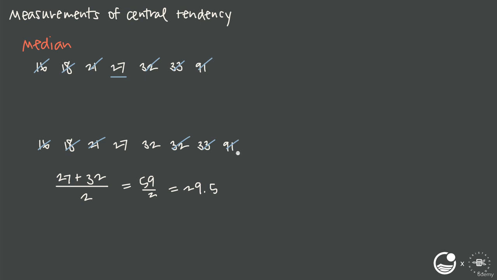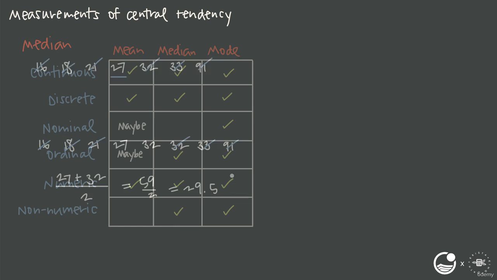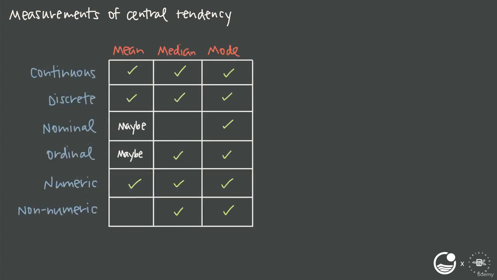But what's even more interesting is thinking about when to use each of these measures of central tendency based on the kind of data we have and the context around our data. Earlier, we talked about all different kinds of data, including continuous versus discrete data, nominal versus ordinal data, numeric versus non-numeric data.